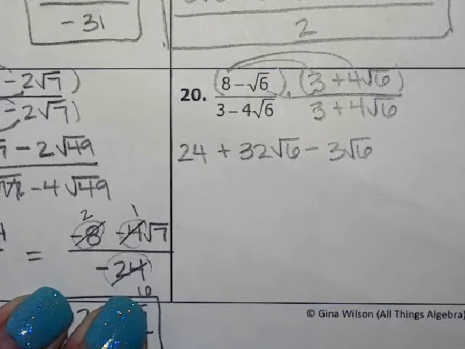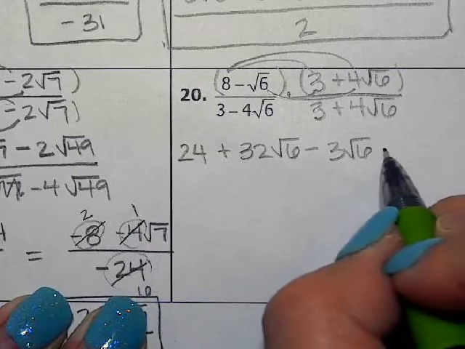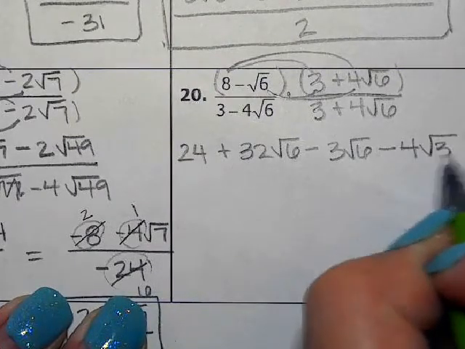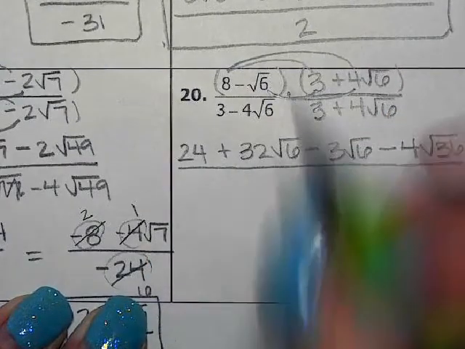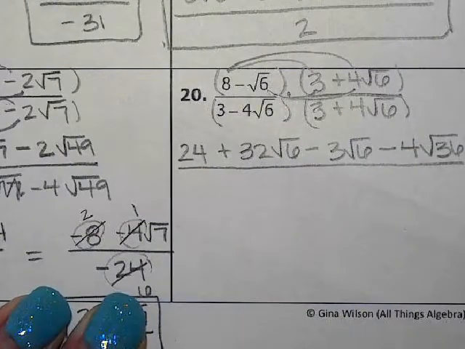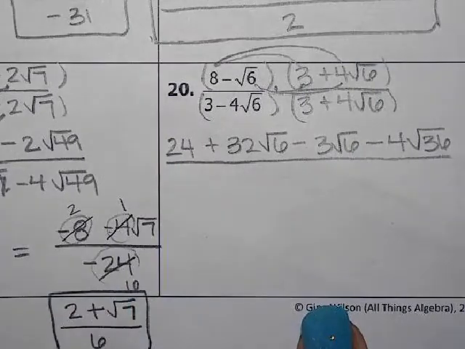And then minus 4 square root 36. Okay, there's the top. So it looks like, again, on this one, number 20 is kind of like number 19, where they gave us some like terms to combine.